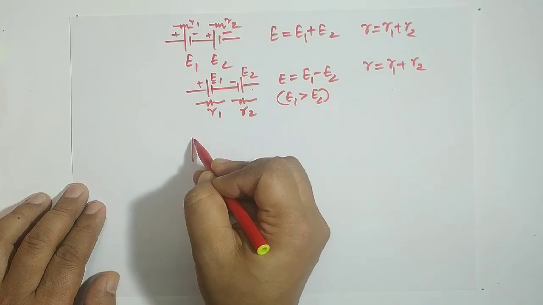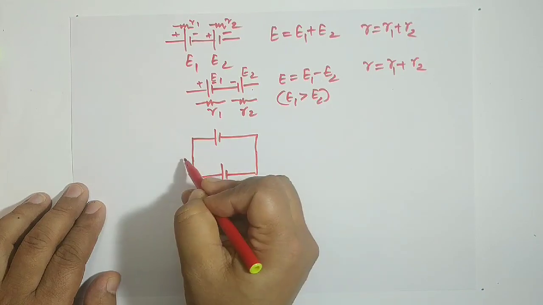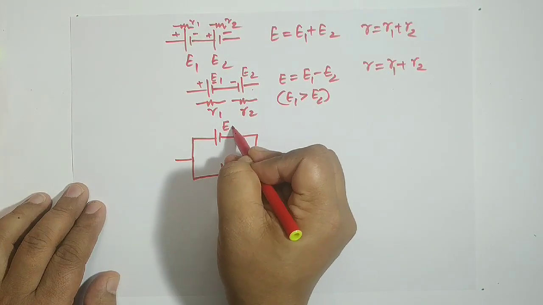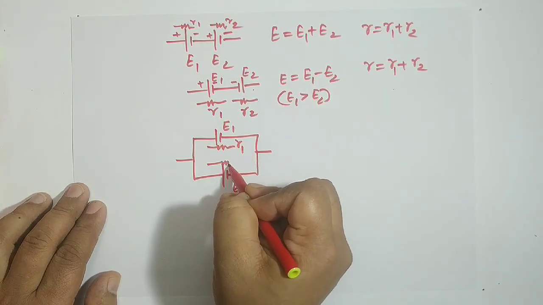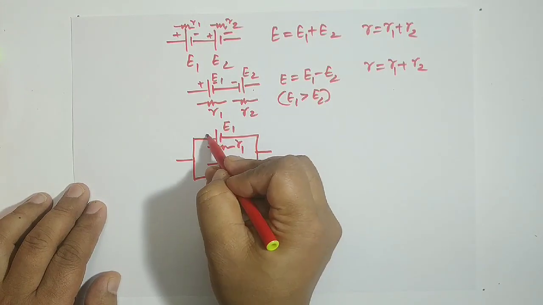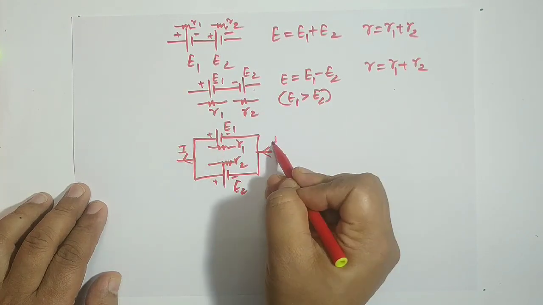And the third thing which we understand is that if there are two parallel cells, are you getting it? And say it is E1 and it is E2, its internal is R1, its internal is R2. Okay, so what will happen?